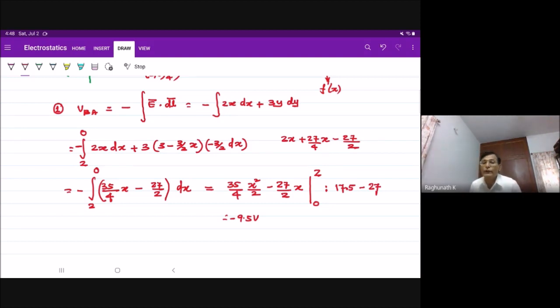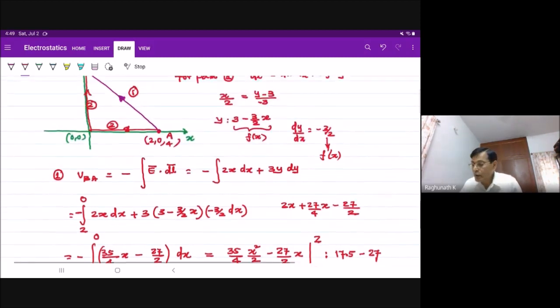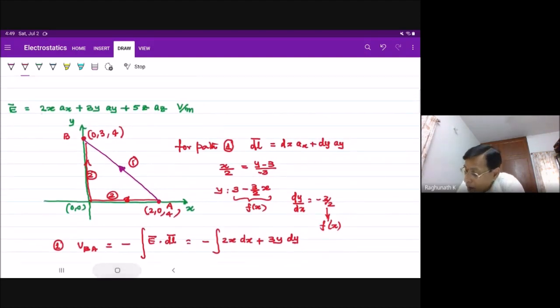Minus 9.5 volts. Let us try to understand why it is coming out to be negative. With the x component equal to 2x, please see in the figure, I effectively moved in opposition to 2x only through 2 units.